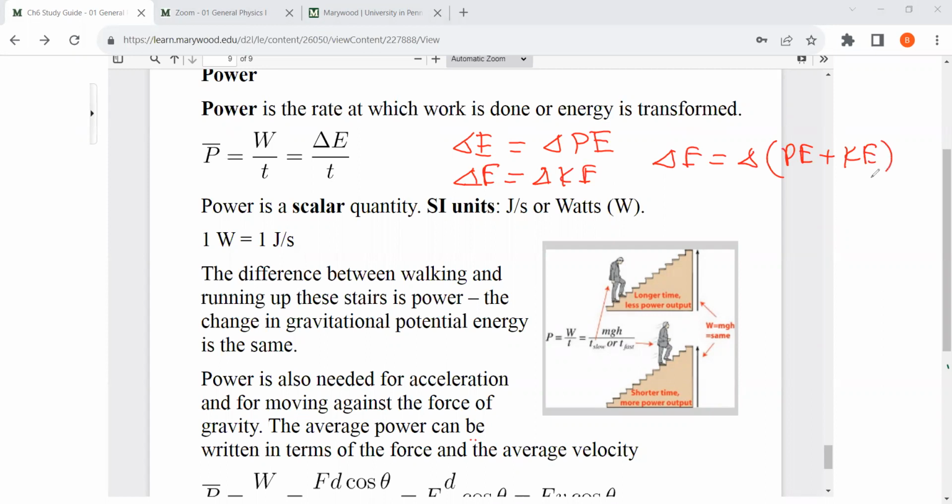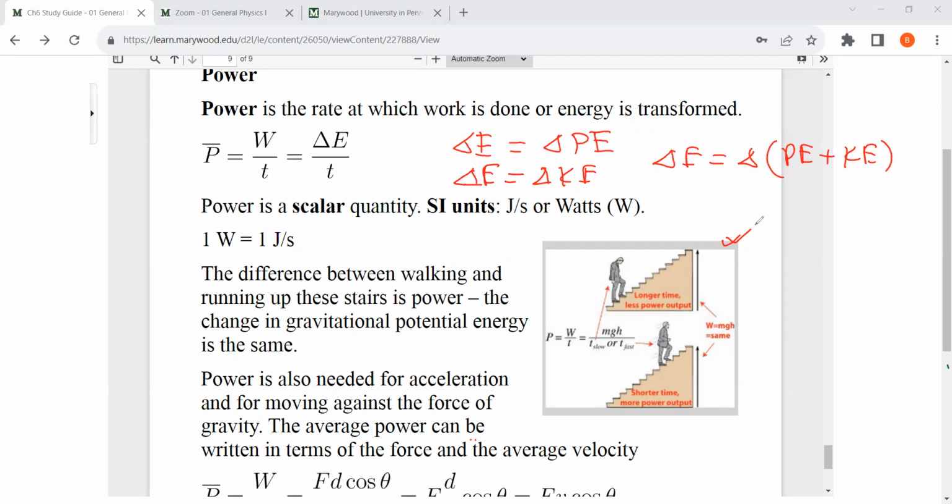So change in energy means the total energy change. In some problems it is just the change in potential energy, in some problems it is just the kinetic energy, and in some problems it's the combination of both. For example, here it is just the change in potential energy.